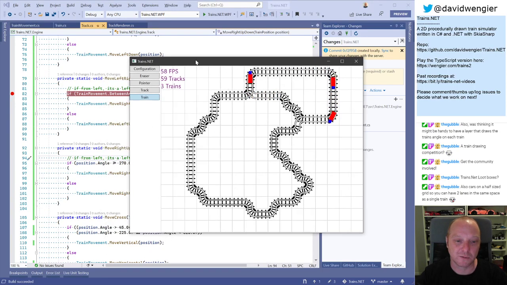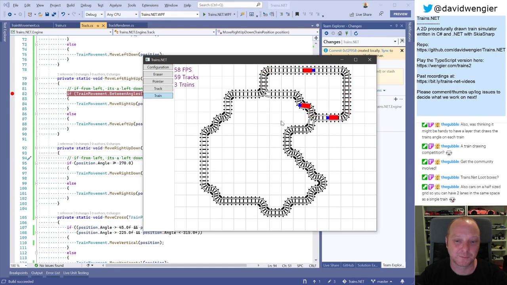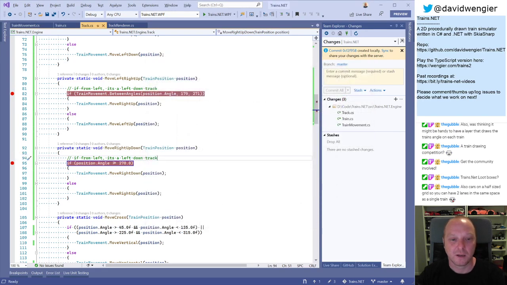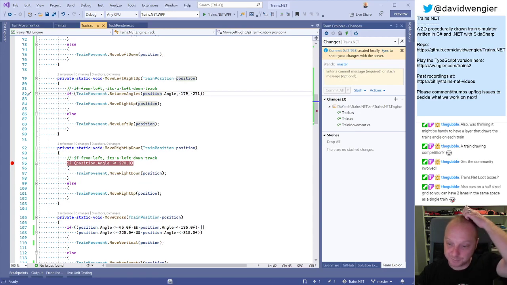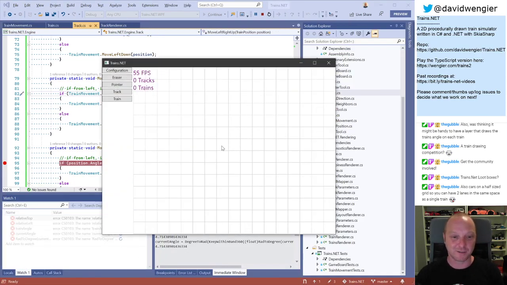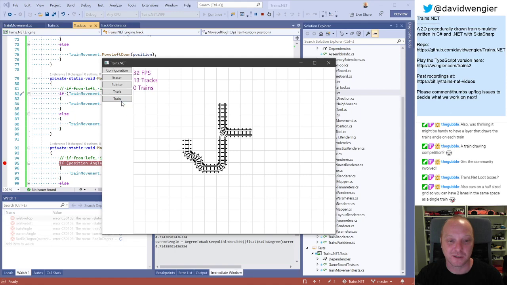Angle is greater than 270. Side testing. Cars on a half-size grid can have 2 lanes in the same space. Oh yeah, absolutely. Roads, of course, are 2 lane, 1 lane. But I want to have stations. I want trains to stop at stations. For no better reason than it's fun.